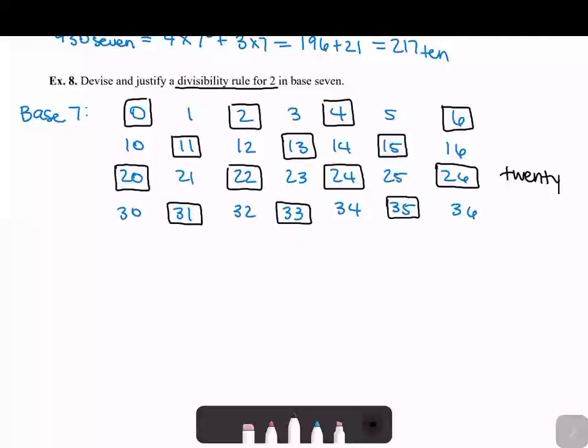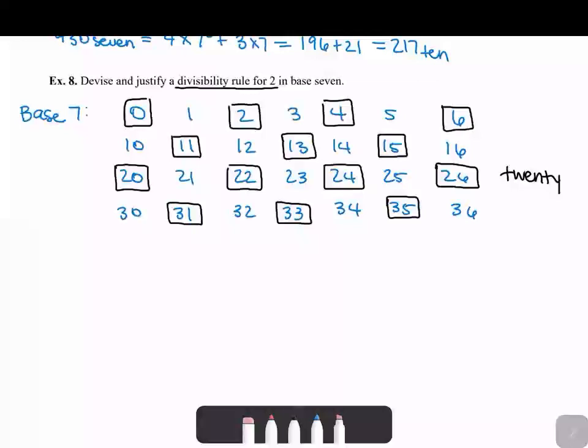Okay, so we can see that just like normal, every other value is even and every other value is odd. The ones that are boxed in are these even values. So think about what patterns you notice. On the first row, it's 0, 2, 4, 6, right?